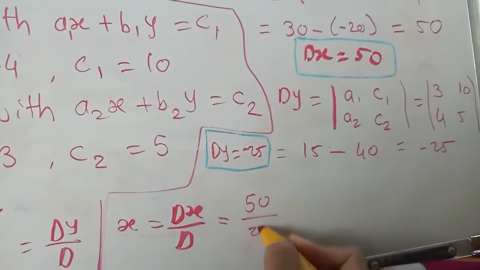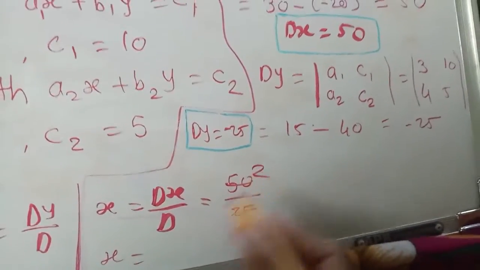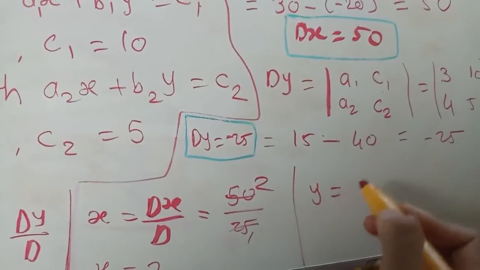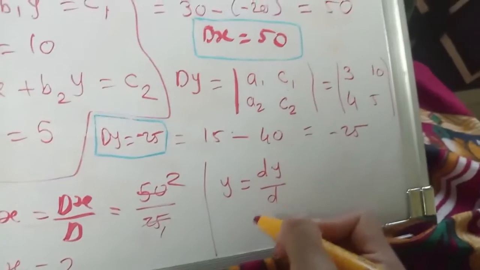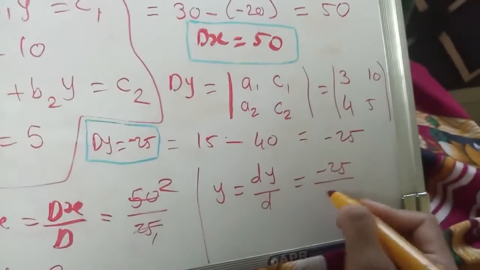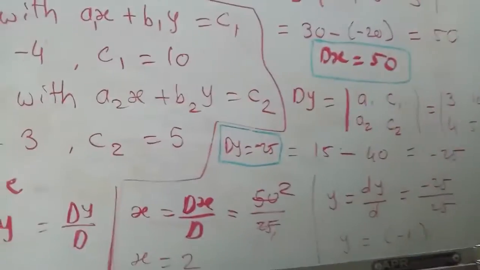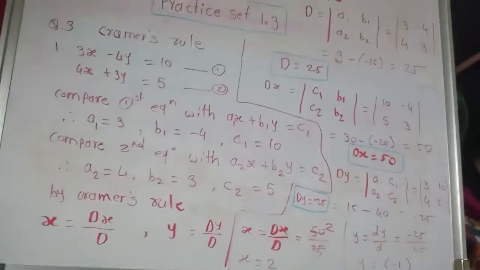So 50 upon 25, so x is equal to 2 and y is equal to dy upon d. So dy is minus 25 and d is 25. So y is equal to minus 1. So the value of x is equal to 2 and the value of y is equal to minus 1.